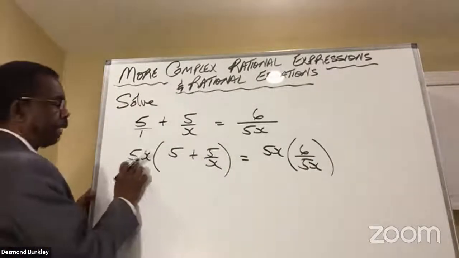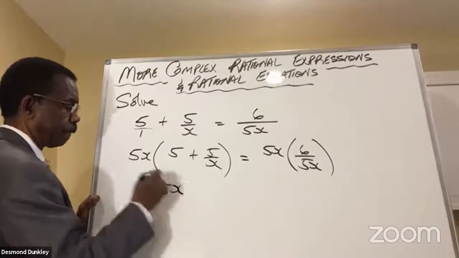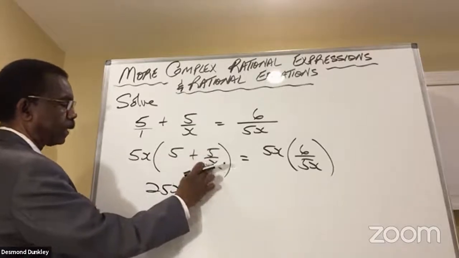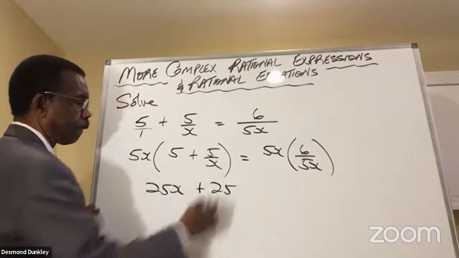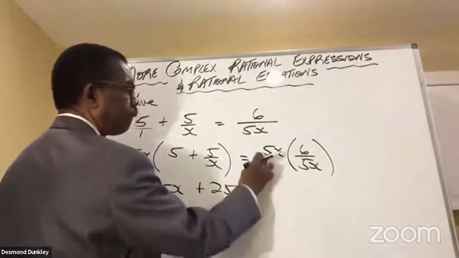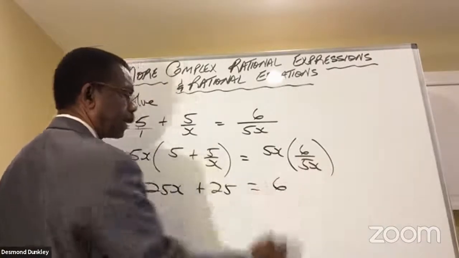What do we get? 5x times 5 is 25x. 5x times 5 over x, the x cancels the x. We end up with plus 25. Then we come over here. 5x times this cancels that. We end up with 6.